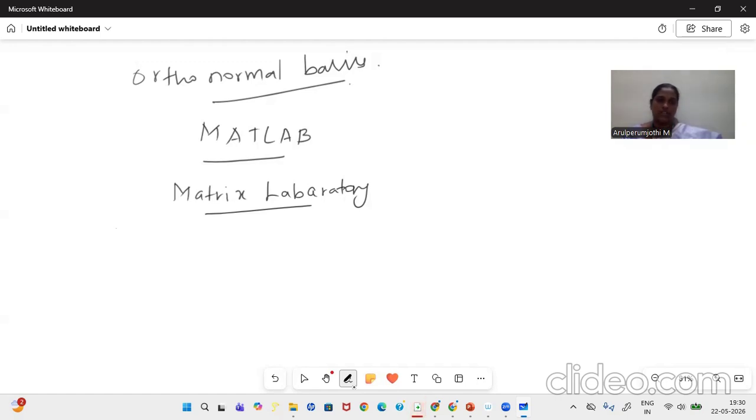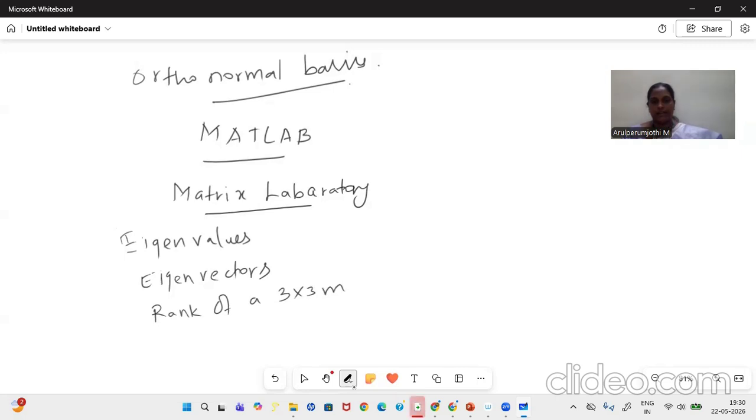And also we'll see how to find the eigenvalues, eigenvectors, rank of a 3 by 3 matrix using MATLAB. Okay, so I'm closing this whiteboard and we'll move on to the MATLAB portion.